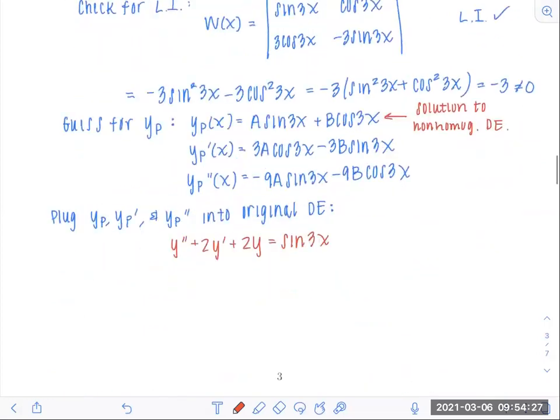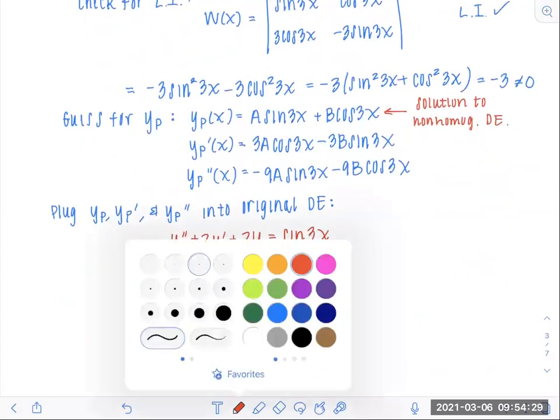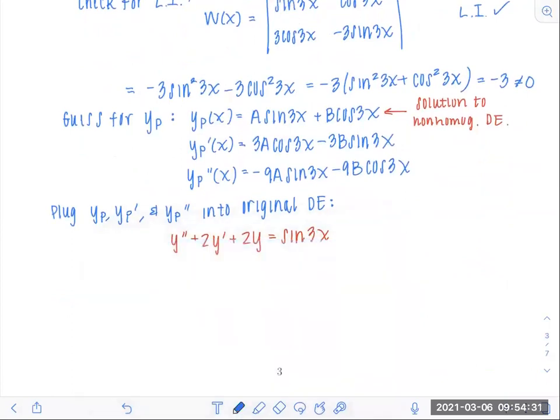All right, so we're plugging yp, yp prime, and yp double prime into that differential equation, and let's see what we get back out. I'm going to group these in parentheses just to keep track of where we're at in the DE. So y double prime is a negative 9a sine of 3x minus 9b cosine of 3x.